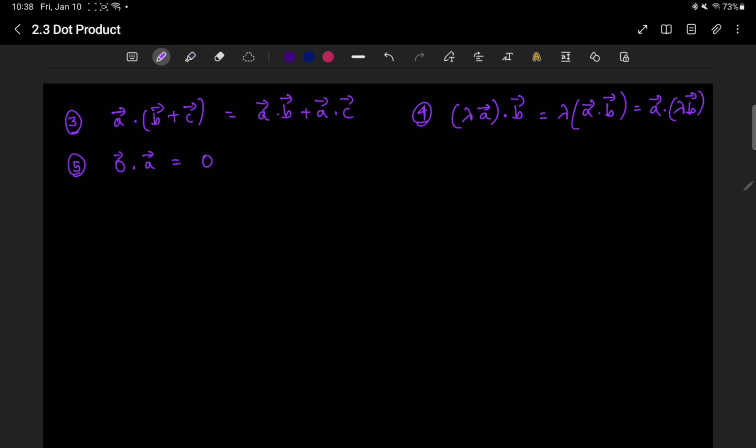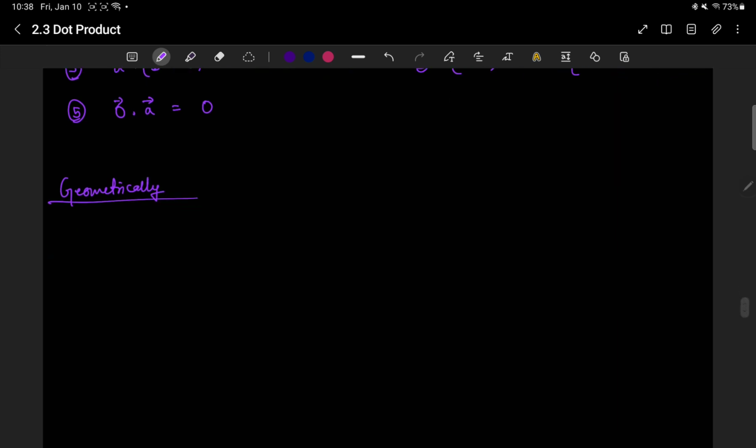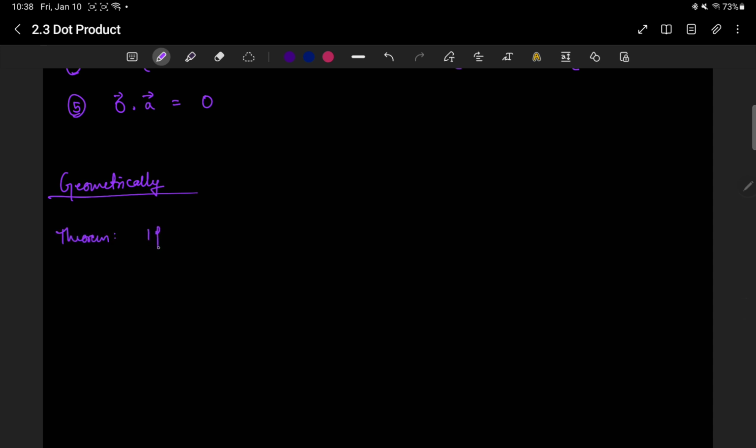Okay, now geometric interpretation, right? So geometrically is where this becomes interesting as to what A dot B is. So there's a theorem, and it says if theta is the angle between the vectors A and B, then A dot B, this dot product, equals magnitude of A multiplied by magnitude of B multiplied by cosine of theta.